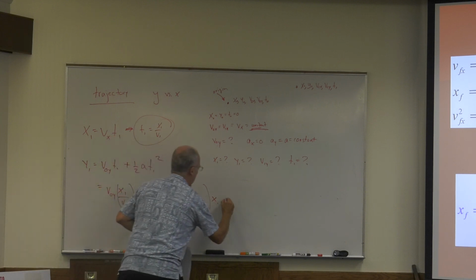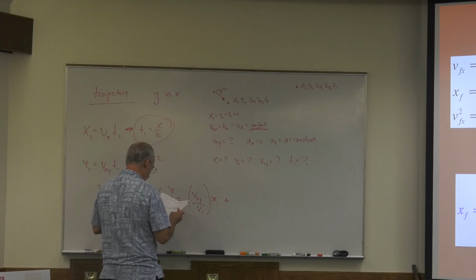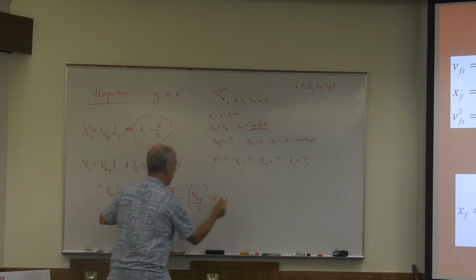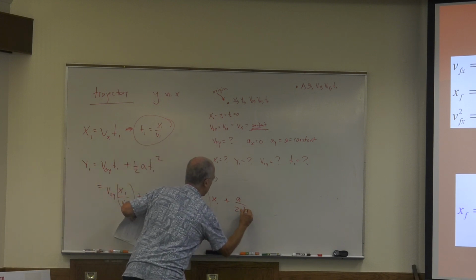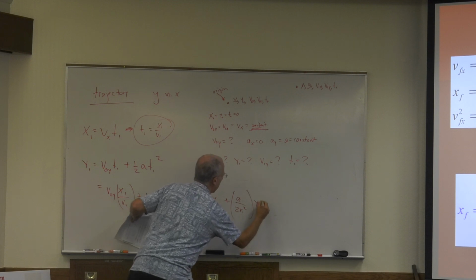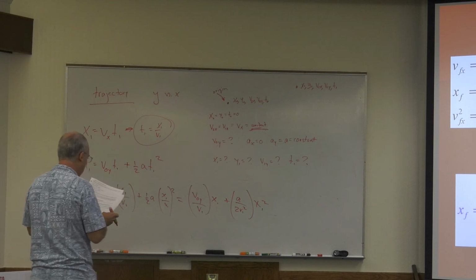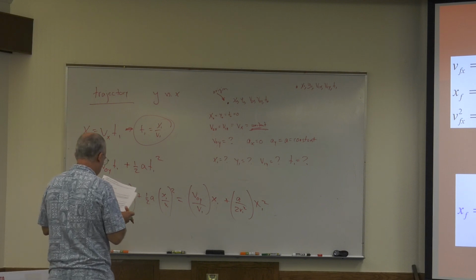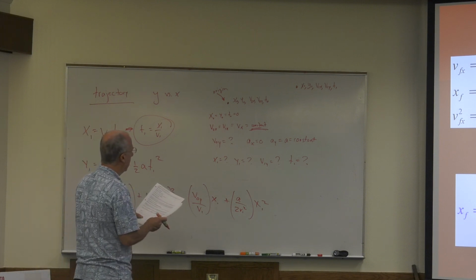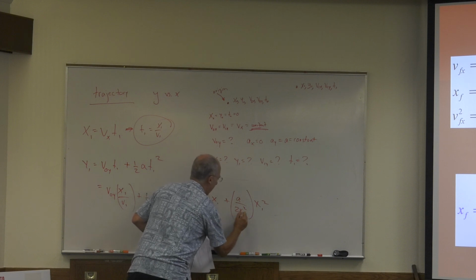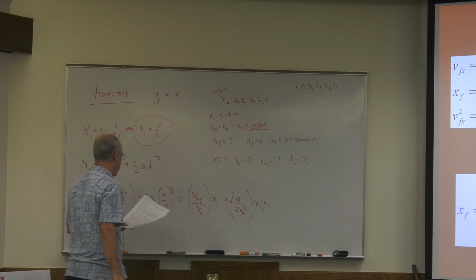Plus here, I'm going to have a over 2 v1 squared times x1 squared. And this is really supposed to be vx. Remember we said v when x is vx? So just make that look nicer.